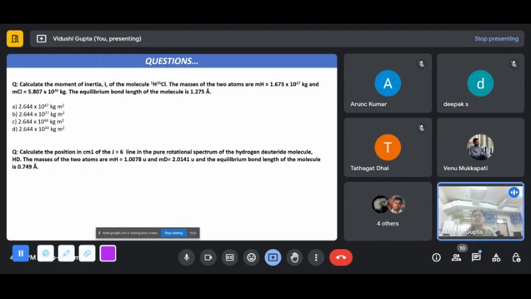Moving to next question. Calculate the moment of inertia I of a molecule HCl. The masses are given and the equilibrium bond length is also given. So just calculate the moment of inertia. So how will you calculate it?